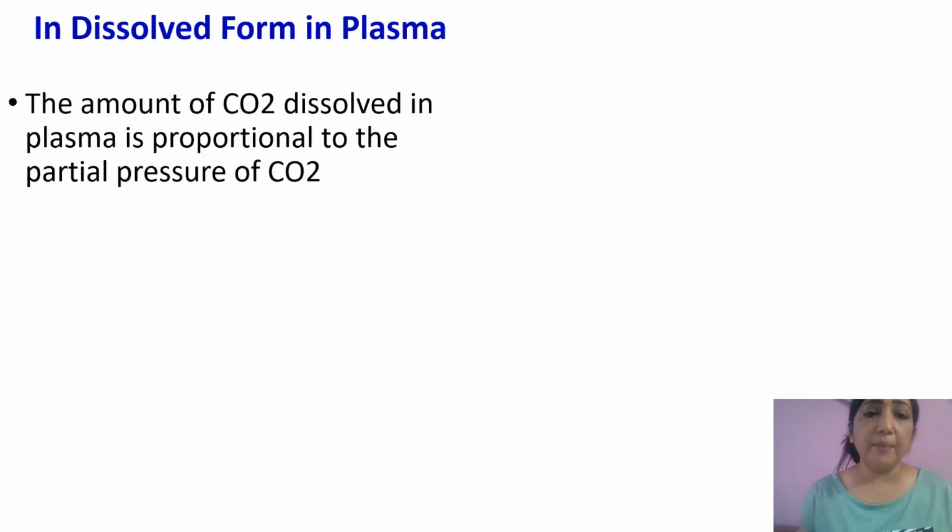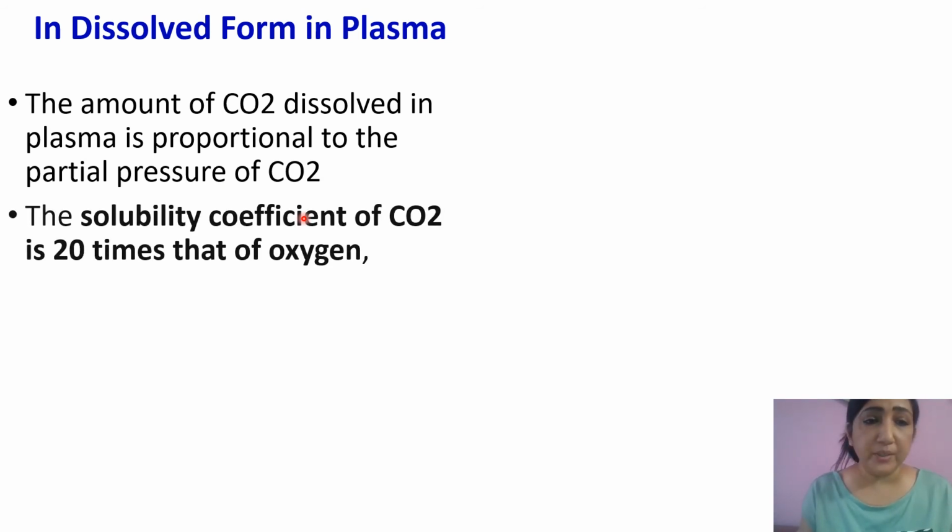Dissolved form of carbon dioxide in the plasma. The amount of carbon dioxide dissolved in the plasma is proportional to the partial pressure of carbon dioxide, just like oxygen. If the partial pressure of carbon dioxide increases, the dissolved form also increases.